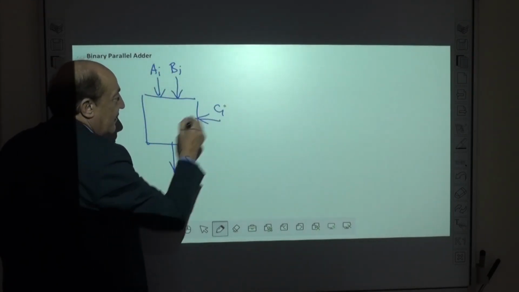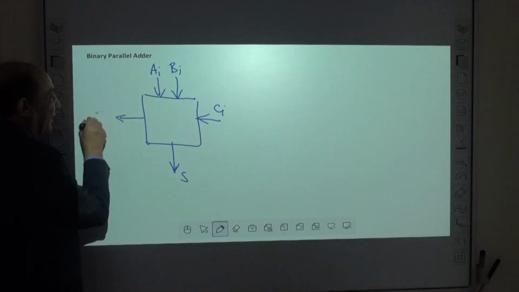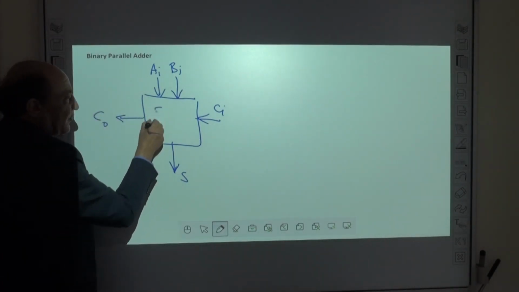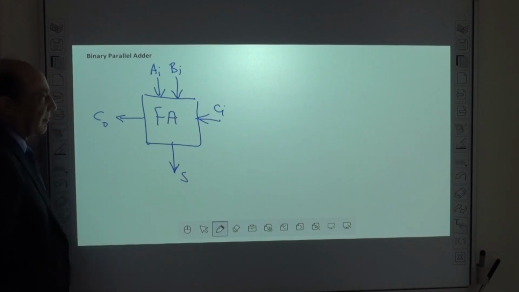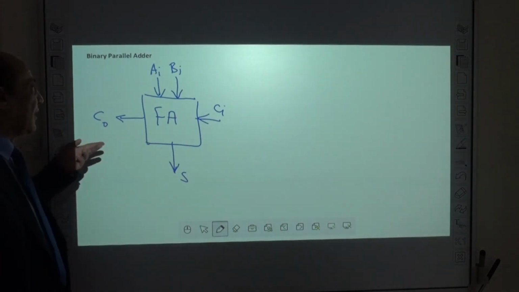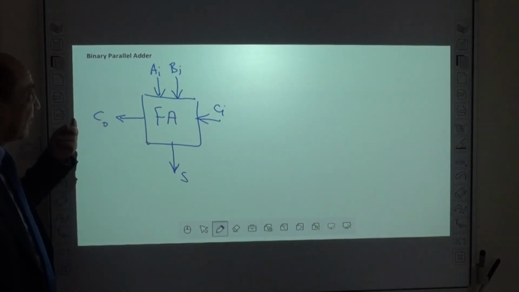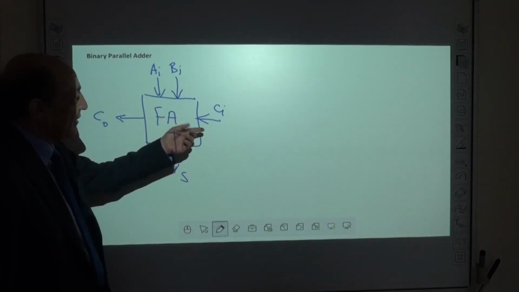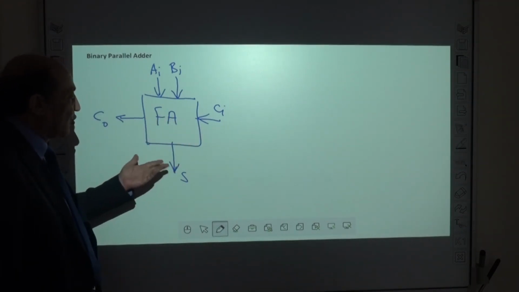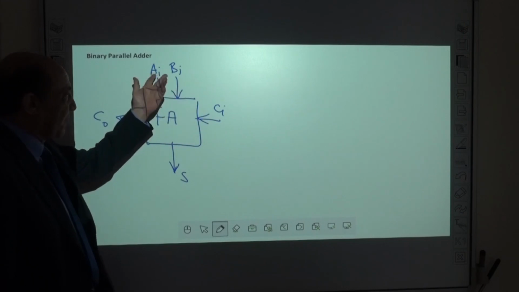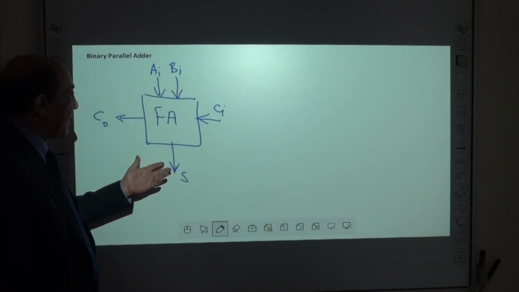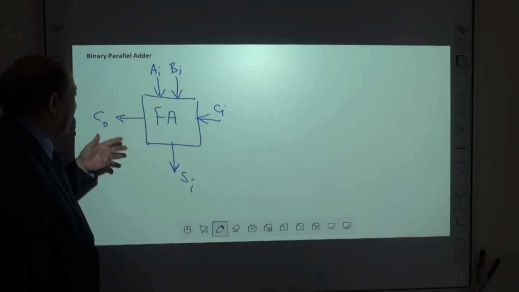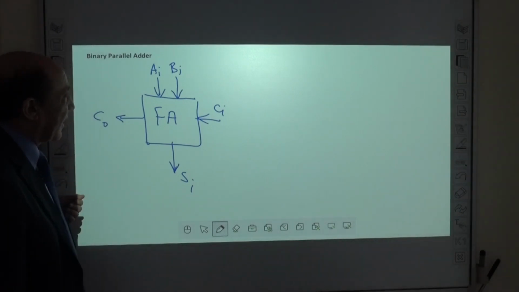This is a carry in and this is a carry out. So one full adder can handle 2 bits and a carry from the previous stage to sum these 3 bits, and outputs the sum and a carry.